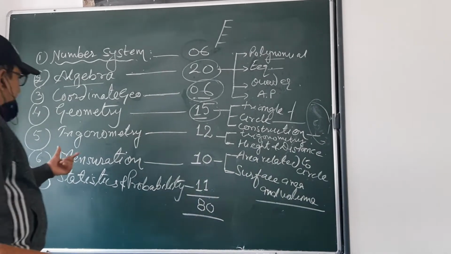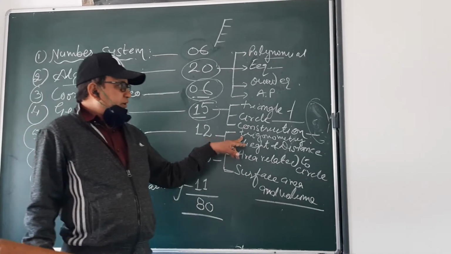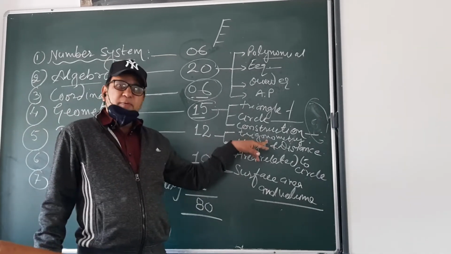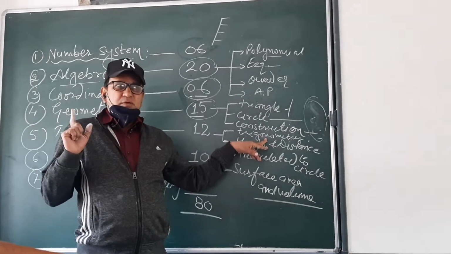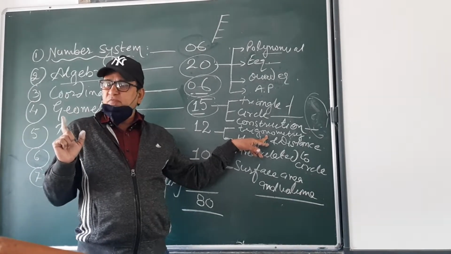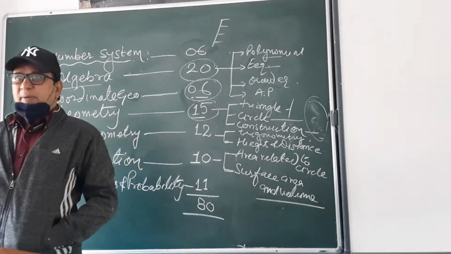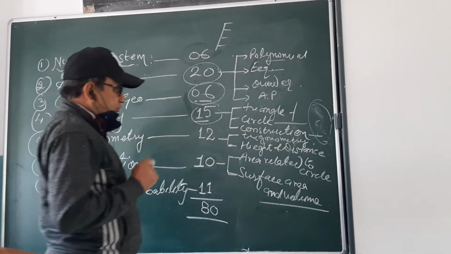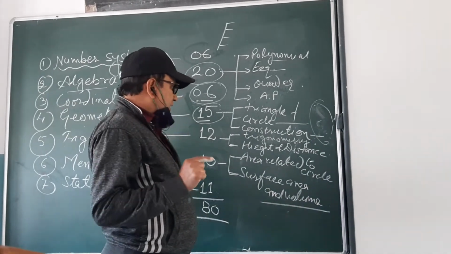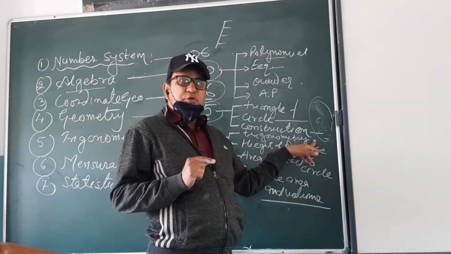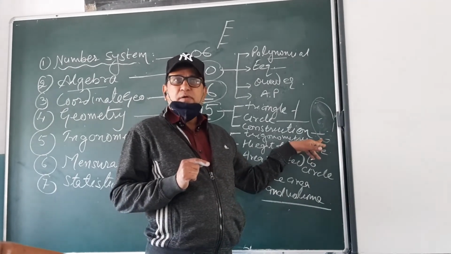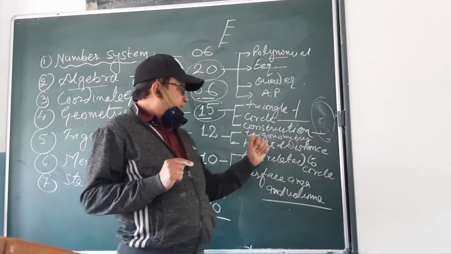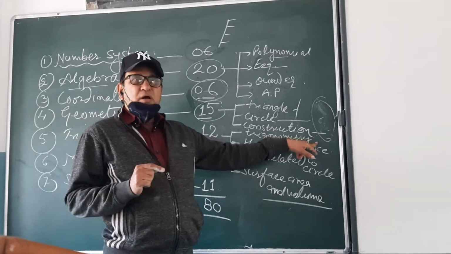Right? Then trigonometry. Trigonometry is divided first. Simple concept of trigonometry: find the sine, cos, tan by using the triangle, and questions related to that, then the values at 0, 30, 60, 45 and 90, and then simple identities.